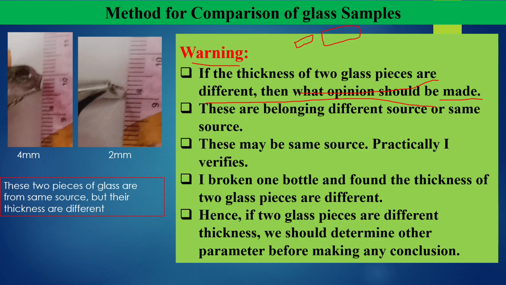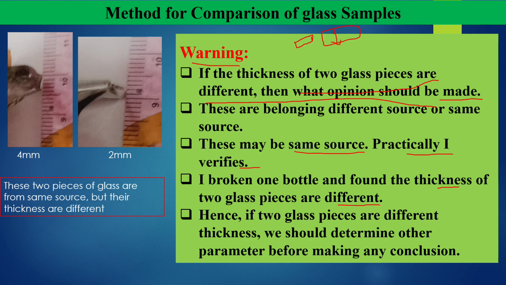Please think. They may be from the same source. I practically verified this. Even though the thickness of these samples is different, they may come from the same source. I broke a bottle and found that the thickness of the two glass pieces was different.